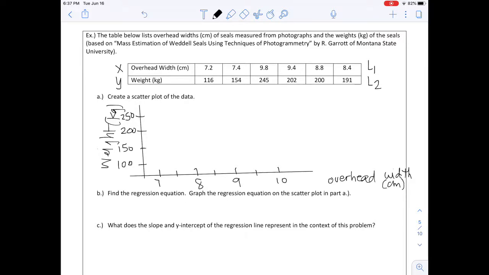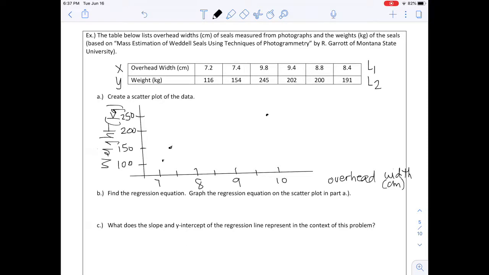And then every single seal is going to get 1 point. So 7.2 centimeters and a weight of 116. Do the best you can. It's difficult to exactly graph these completely accurately, but do the best you can. So the next seal is 7.4 and 154. And then the next one that we have is going to be 9.8 and 245.